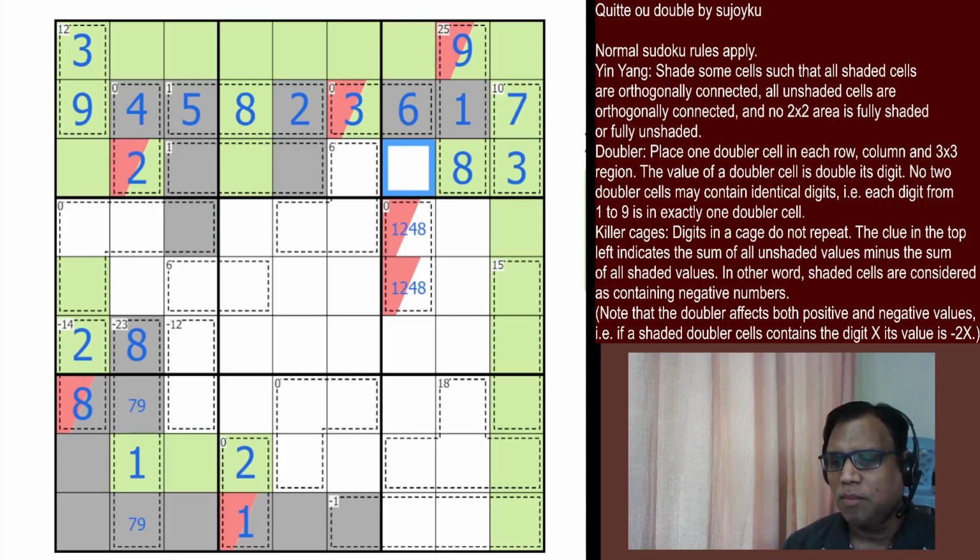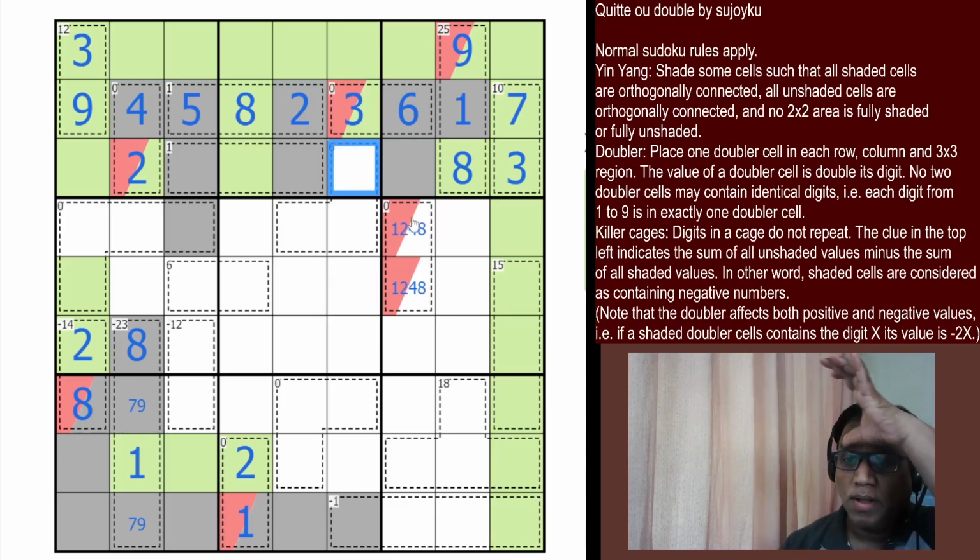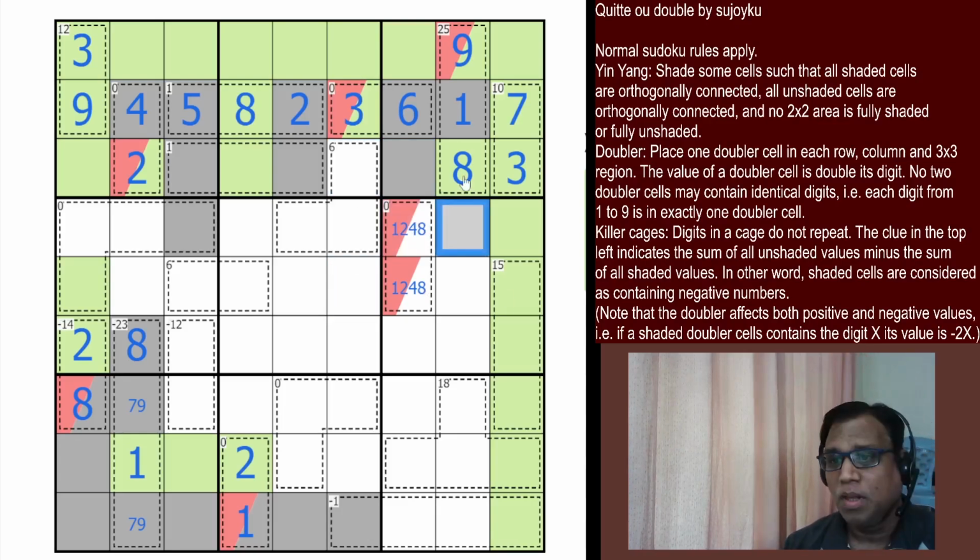Yeah, now this has to come out, right? We know that this is positive, so this has to come out. Yeah, it could go here as well. Oh, this must be now to avoid the 3 by 3 pattern. This must be dark or shadow. Now to avoid the pattern, this must be now shadow, right? I mean, we don't know whether this is doubler or not.